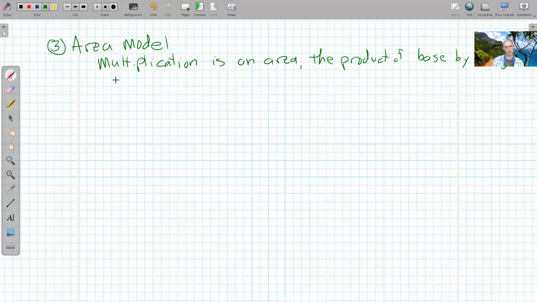So if I'm again looking at the, let's do the 3 times 5, and I generally view multiplication area as base versus height, and base I would draw horizontally, so the 3 is my base, and the 5 is my height.